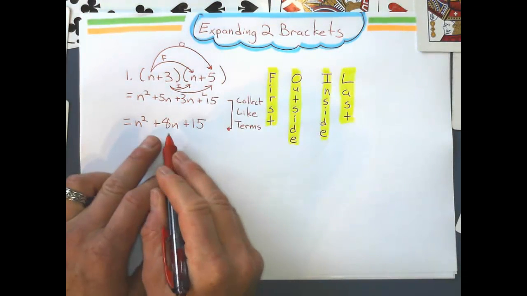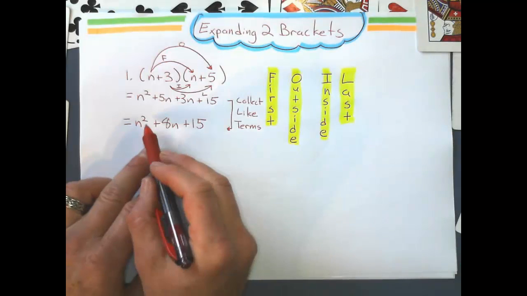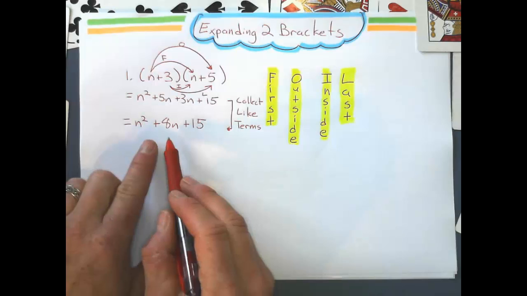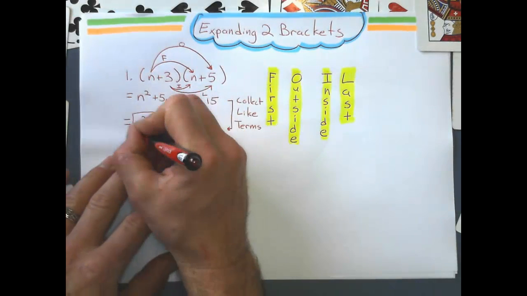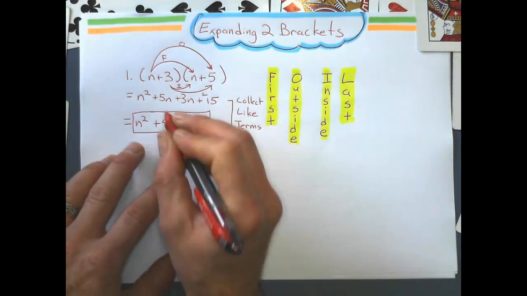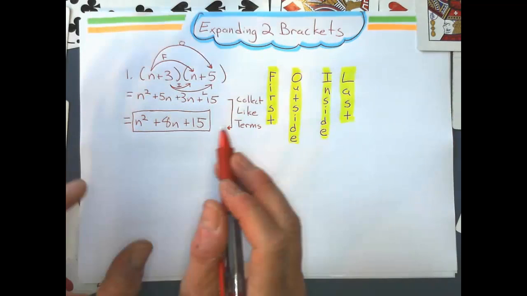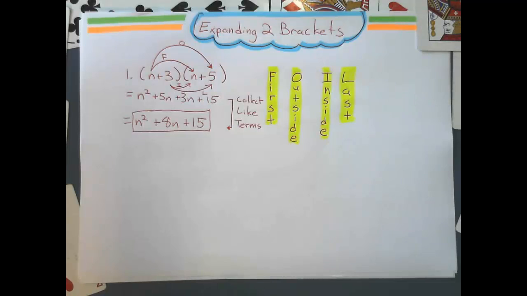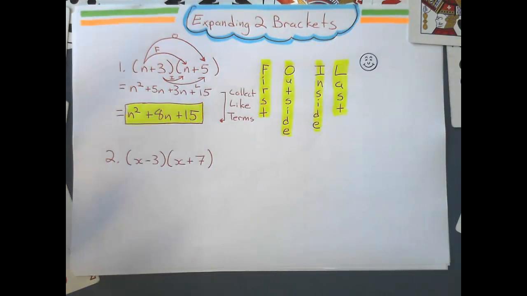And right here, I have my expression for when I multiply these two brackets together. I can't do anything more than that because these are not like terms. I can't add them together and make 9n squared or anything like that. It's finished.